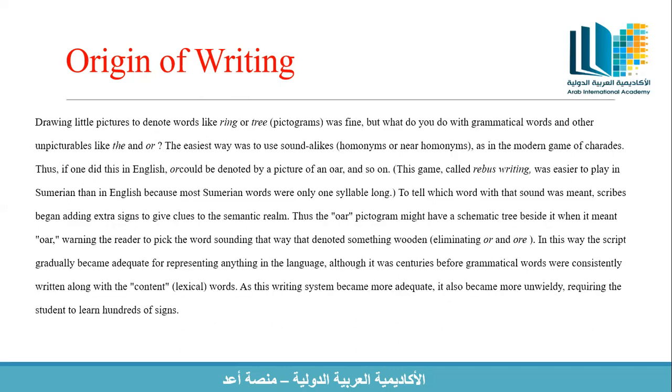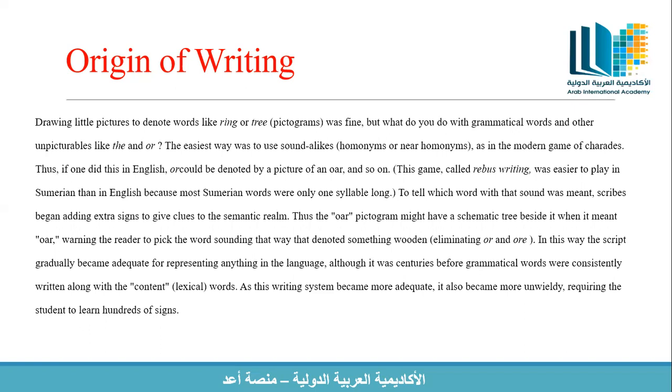So drawing little pictures to denote words like ring or tree, pictograms, was fine. But what do you do with the grammatical words and other unpicturables like the and or? So the easiest way was to use sound-alikes, homonyms or near homonyms.